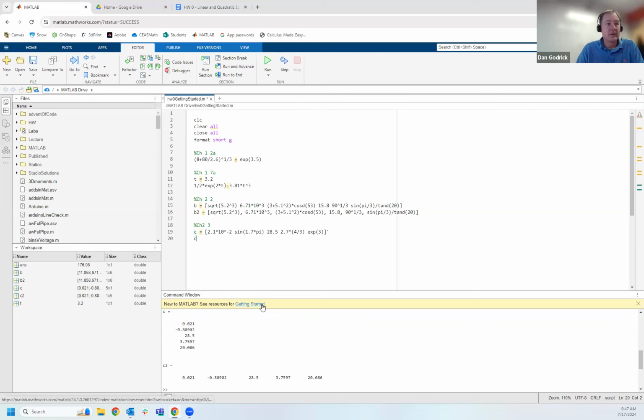Or you can say C is equal to, and then take our terms and separate them by a semicolon. That's kind of neat.